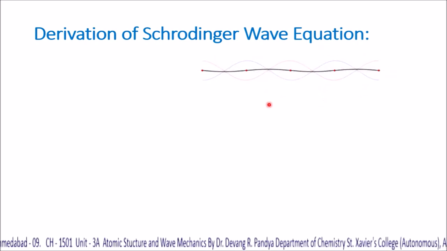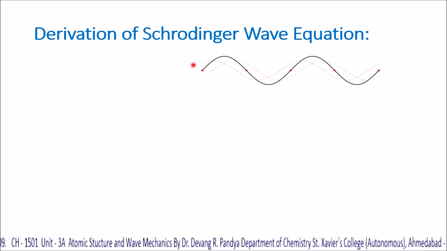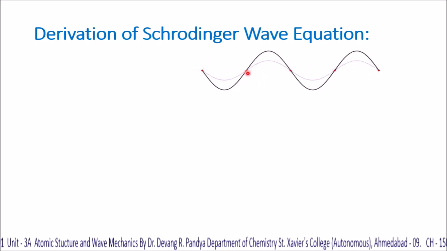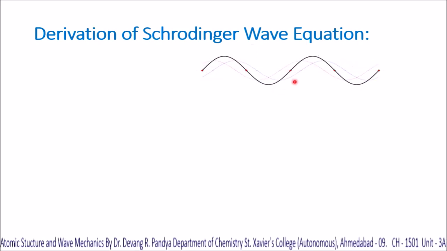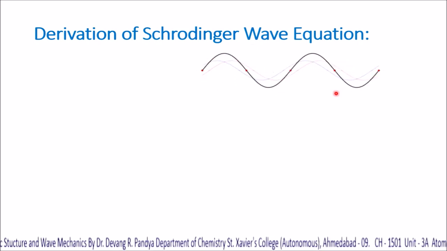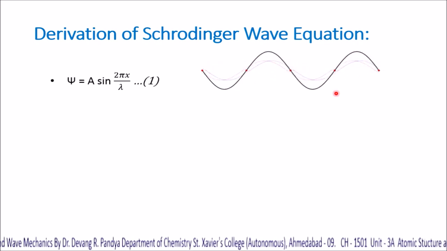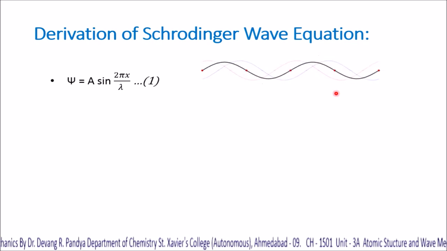For that wave, a simple harmonic motion, created with a firm support and a thin thread, when we vibrate it we get this kind of wave, and for that wave Schrodinger gave one equation: psi is equal to A sine 2 pi x by lambda.